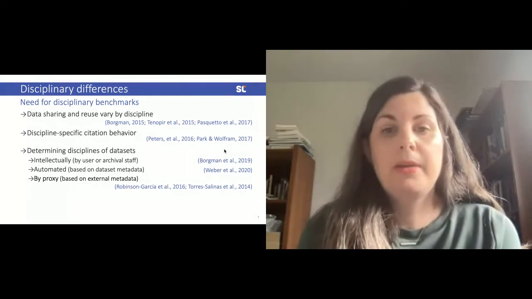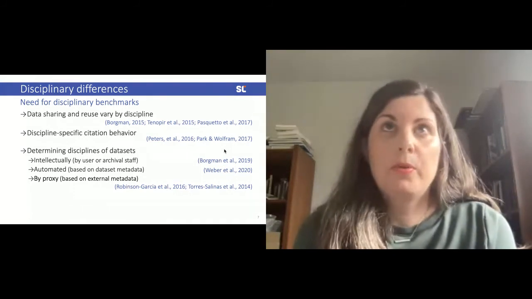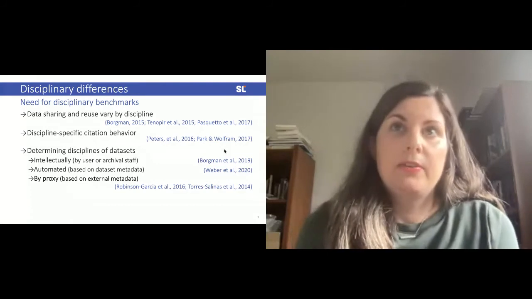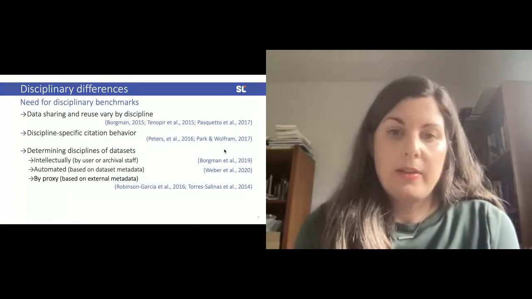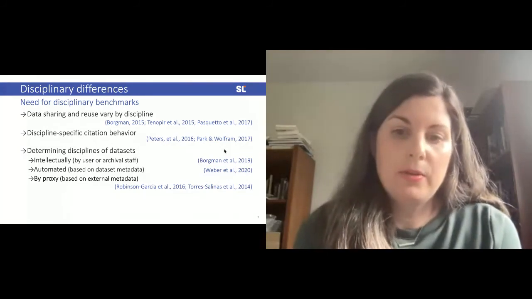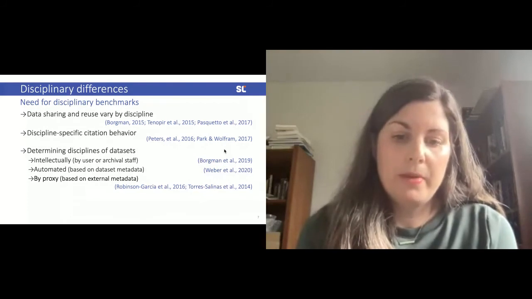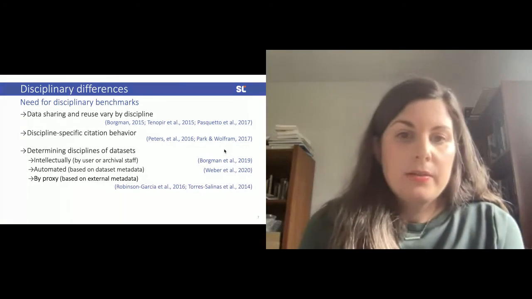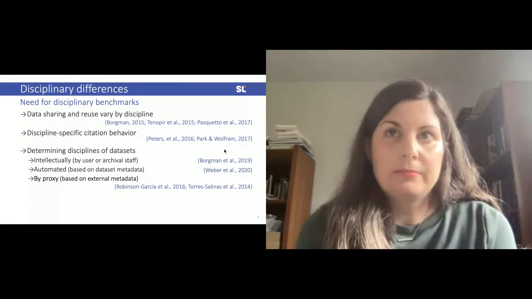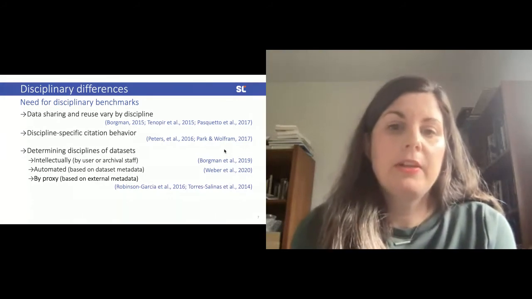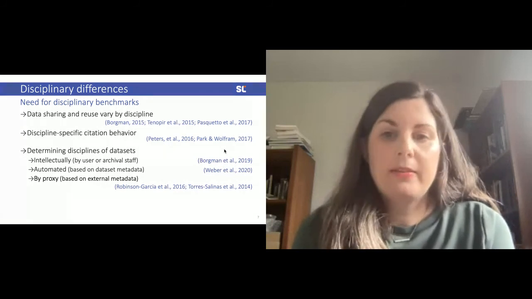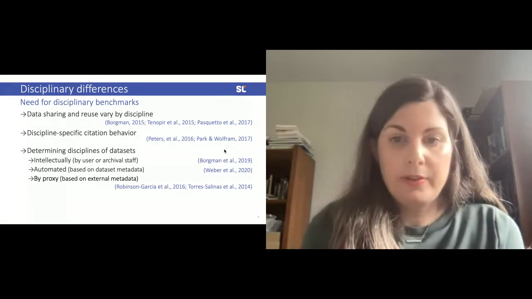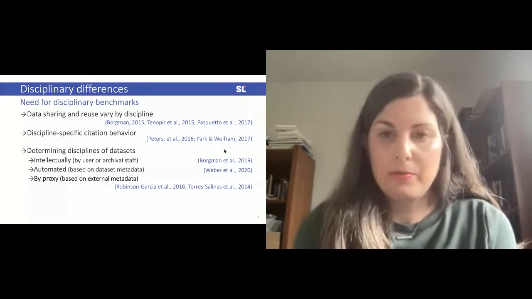But there are also automated approaches. And we see this more and more for some databases that start including data sets now, that they're trying to adapt what they've done or what they know from publications or journal articles. So they're trying to determine the discipline of the data set based on metadata that the data set has itself. So if there is a title in an abstract, that's fantastic.